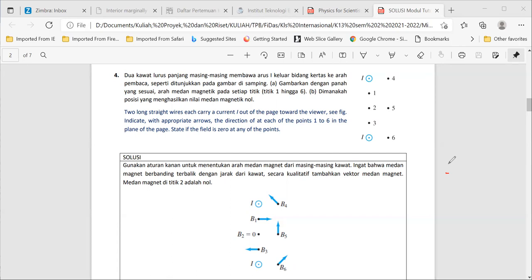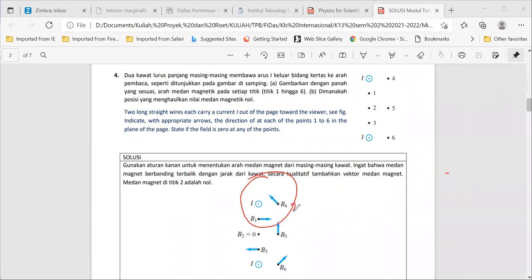Okay, you see that for this point 4 here, point 4, it's something like this, okay?